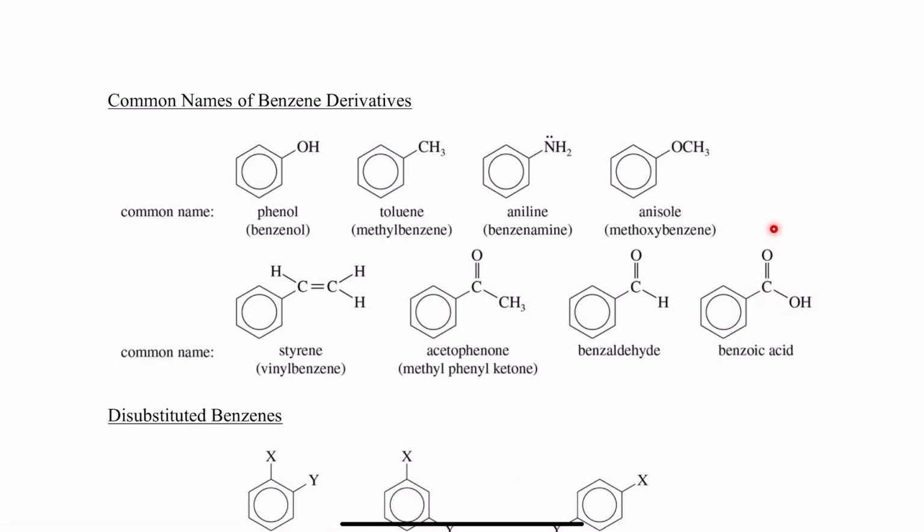Here, COOH, this is a carboxylic acid. So, whenever we have a carboxylic acid acting as a substituent coming off of our benzene ring, this is benzoic acid. So really just make sure you know how to identify your functional groups, and the common names really make sense. But styrene, toluene, and anisole, those I feel are ones that you just have to memorize.